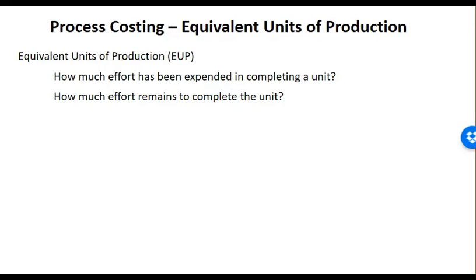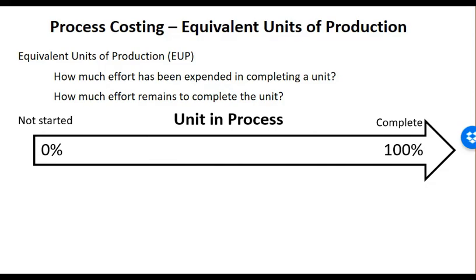Now, if we take a look at this timeline here, we can look at a unit in process, and it's between 0%, meaning it's not started, and 100%, meaning it's completed. So when we talk about computing equivalent units of production, we're talking about literally the percentage of completion.